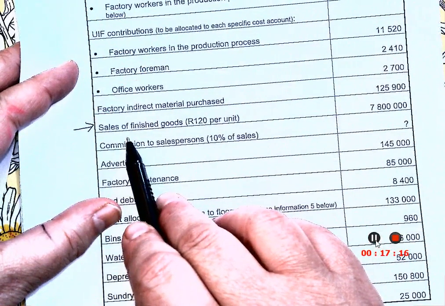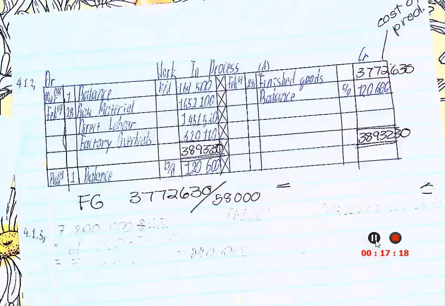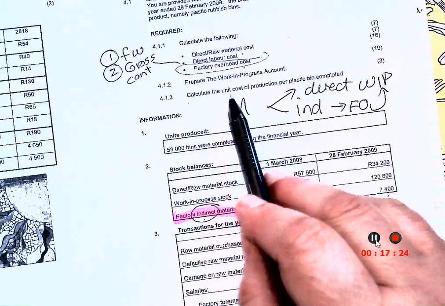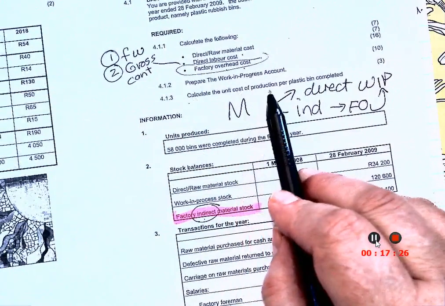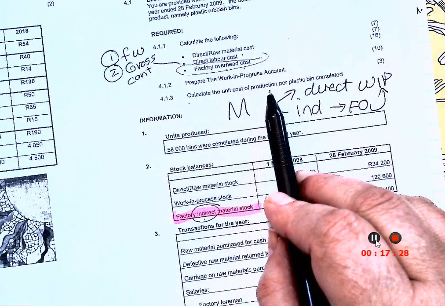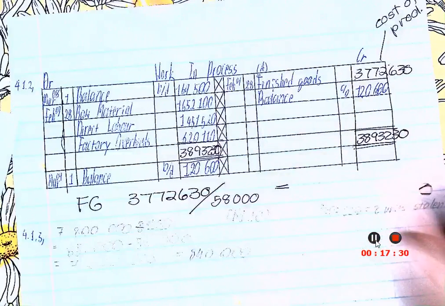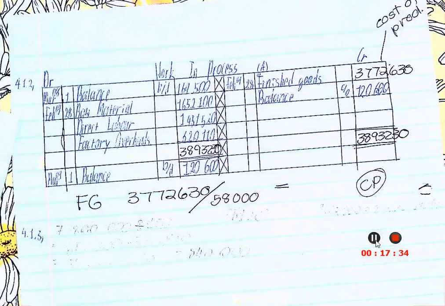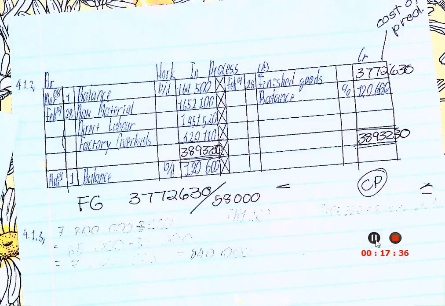They are asking you here about the cost price, the cost of making the goods. Calculate the cost of production, meaning they want you to calculate the cost price. We now know the selling price is 120, but what's the cost price? How much is the cost price?